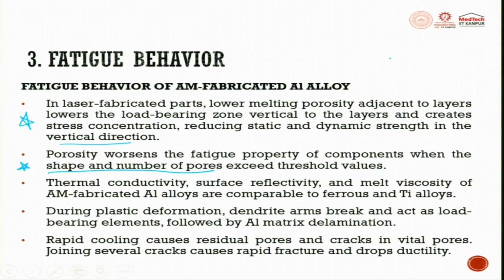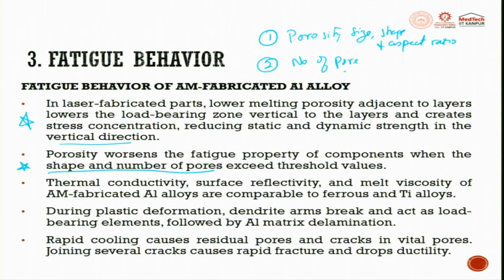There are two things we are talking about. One is the porosity size, shape and aspect ratio. The second thing is the number of pores. This is called pore density.